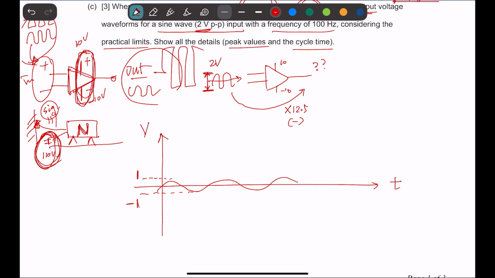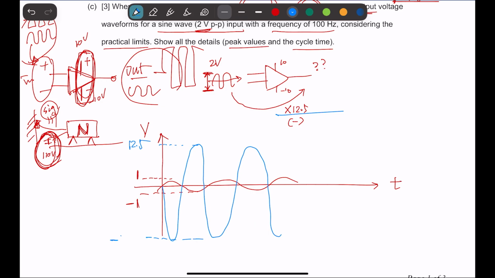And our output is going to be flipped, and it's going to be 12.5 times larger. So we're going to have something like this. And this one here is going to be 12.5, and this one down here is going to be minus 12.5. Okay?